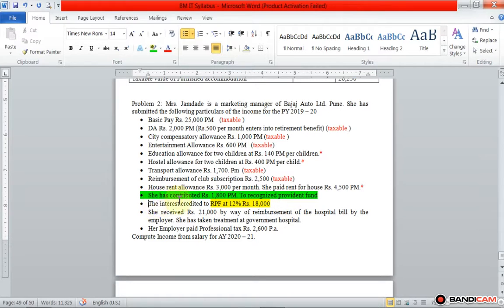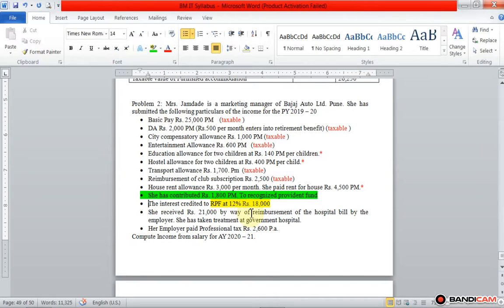Then the interest credited to RPF. We already studied the tax treatment of provident fund. So here, for the recognized provident fund, interest credited up to the specified rate is exempted.